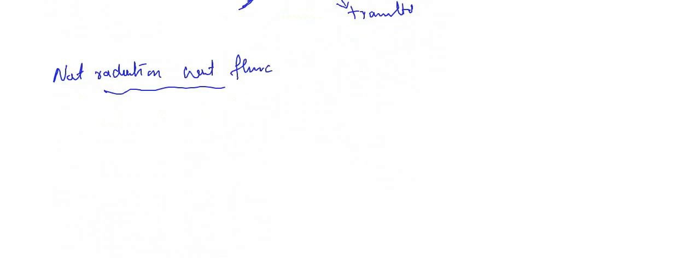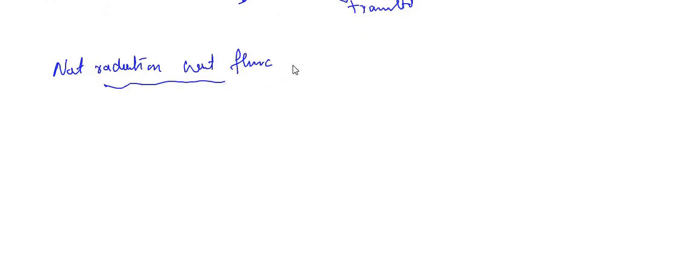Okay, now next is the net radiation heat flux. You can write it as q radiated, and the unit is also watts per meter square. It is the difference between whatever radiation is going out and whatever is coming in.